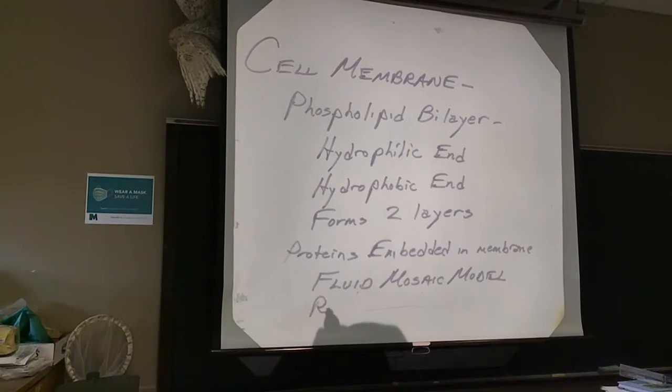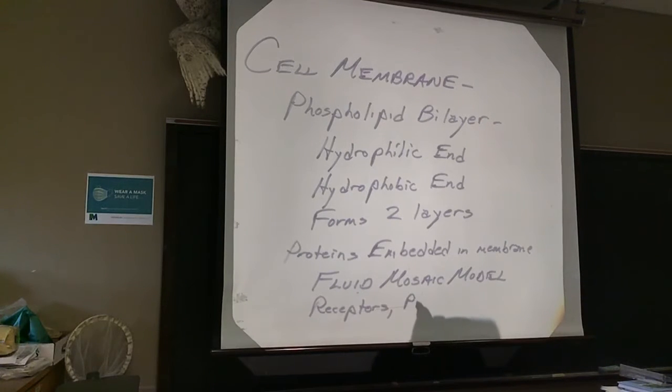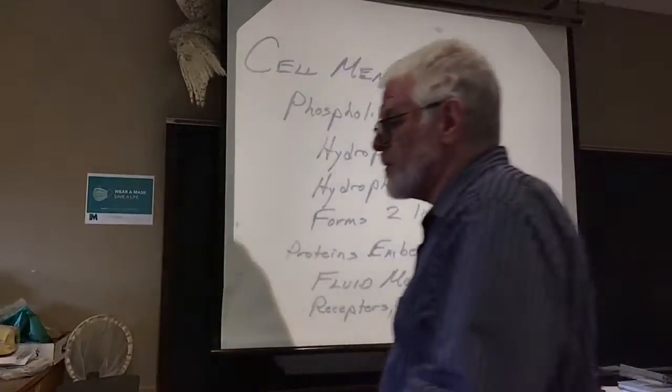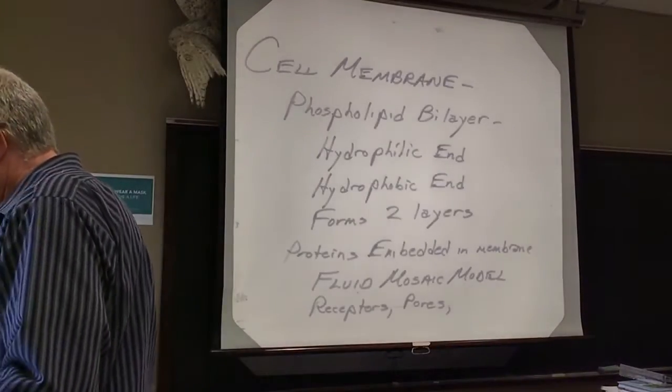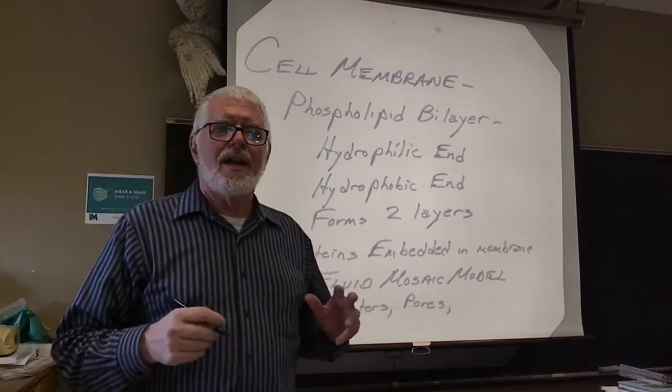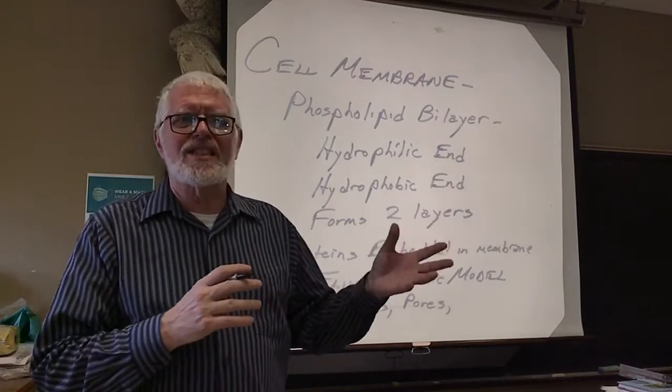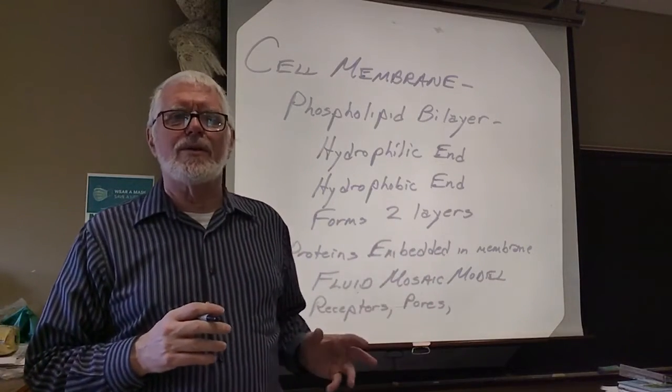So the proteins can be receptors, they can be pores, or sometimes called channels. Now here's a nice thing: most of this stuff has been discovered in the last 50 years.